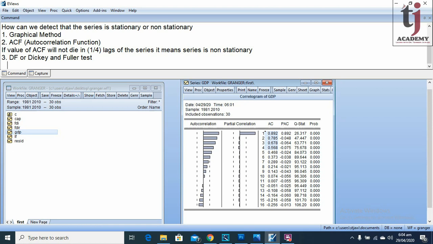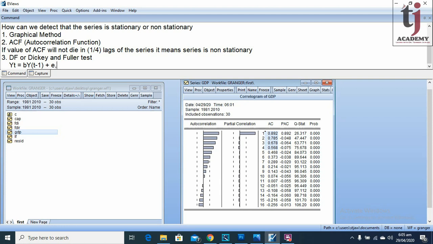Here we consider an equation where yt is the dependent variable and yt minus 1, the one-period lag value, is the independent variable plus error term, and b is the coefficient of yt minus 1.